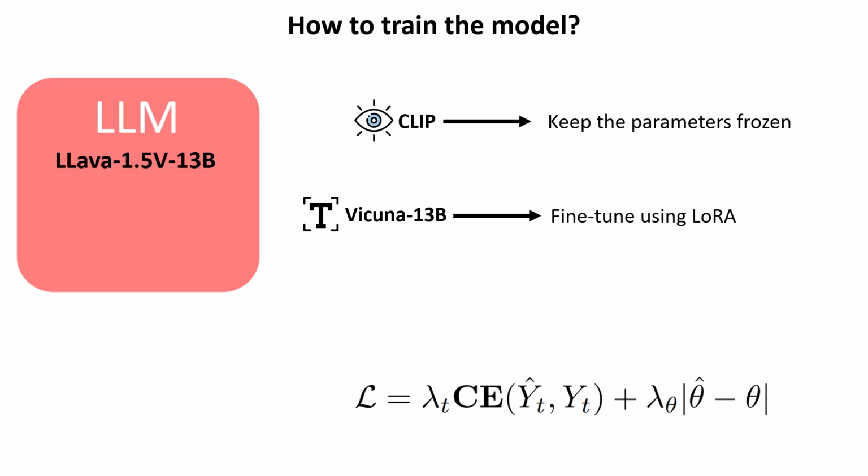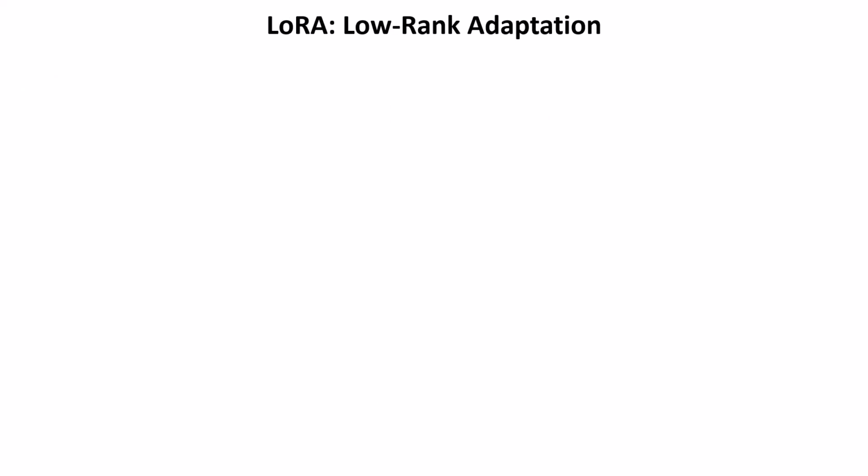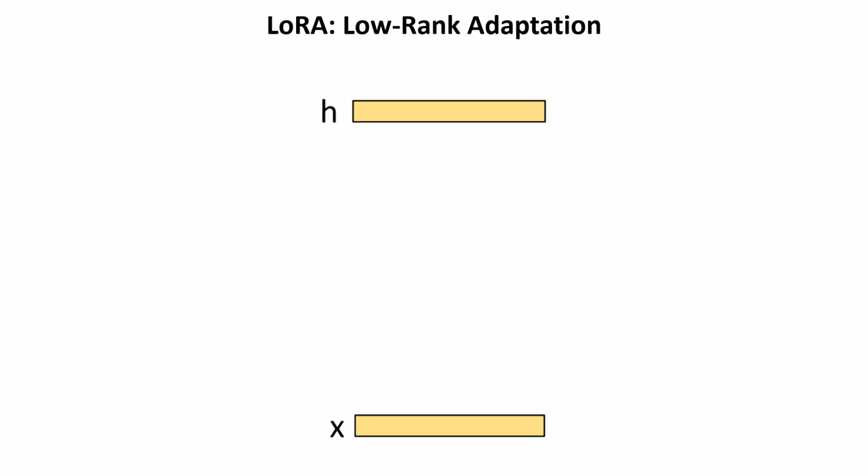Okay, so go back to LoRA if you don't know what LoRA is. LoRA stands for low rank adaptation, and it is a method used for fine-tuning large language models. Theoretically speaking, let's say we have an input vector x and some output vector h, both d-dimensional vectors.